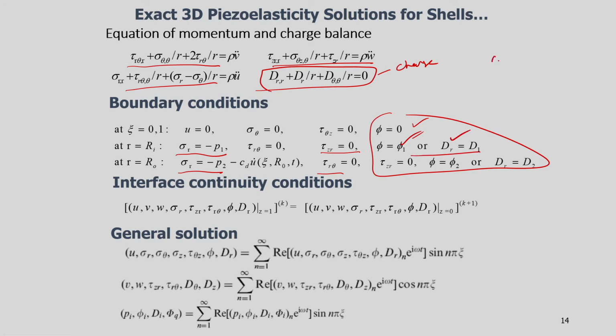Here is the concept of open circuit and closed circuit. When we say closed circuit, it means electrical voltage is applied. It may be 0, it may be non-zero, but phi is applied. When we say open circuit, it means you cannot apply phi; the electrical displacement needs to be specified, and that is taken as 0.